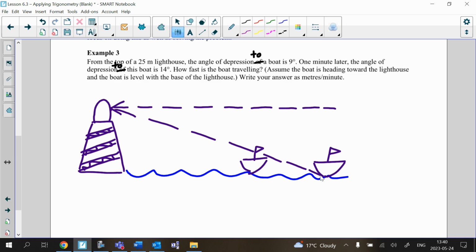That is 9 degrees. The lighthouse is 25 meters high. So this segment here is also 25 meters high. So I just created a right triangle, the red one.